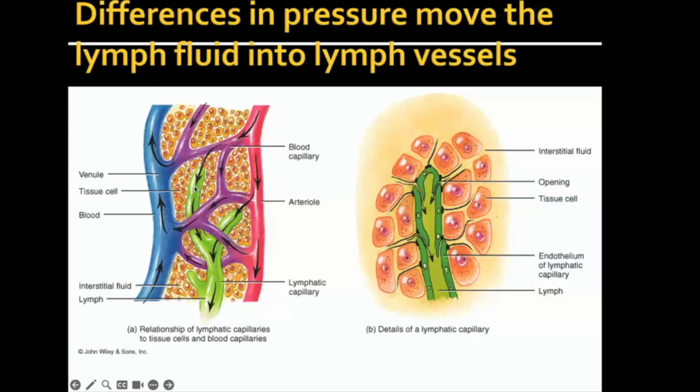So that pushes by filtration, that pushes the fluid back into the lymph vessels. And over on the right, you can see a very close-up picture of the dead end capillary and how the water is getting back in there. Like I said, we're very leaky, and between those cells is where you have the leakiness.